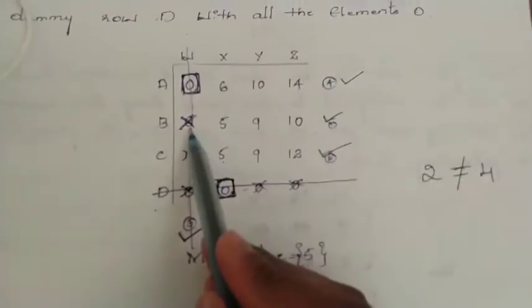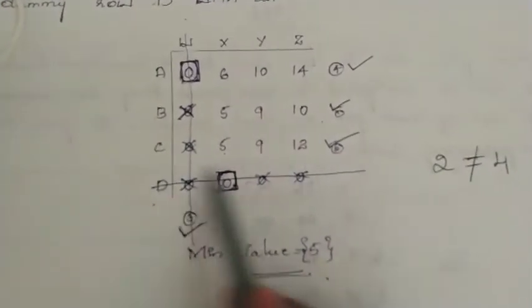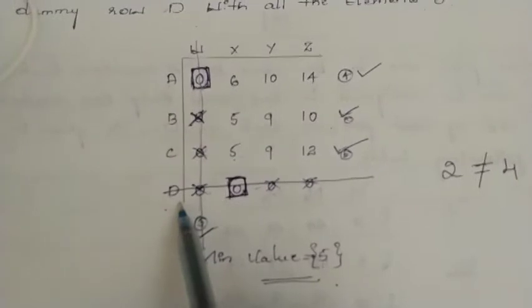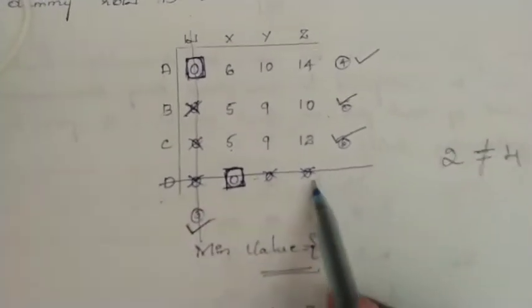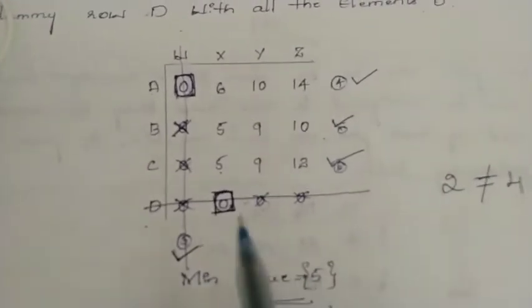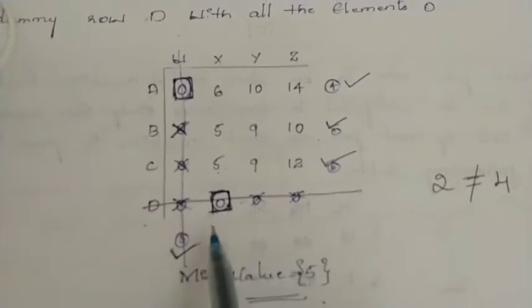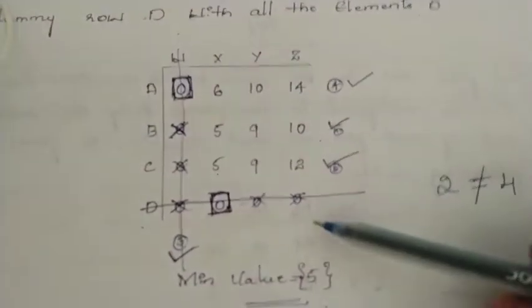In this, as one 0 is already cancelled, there is no 0, and in the third row also there is no 0. If you come to the fourth row, there are a number of zeros, but they will not be considered, because we go with the assignment only whenever there is a single 0. All the rows are completed now.